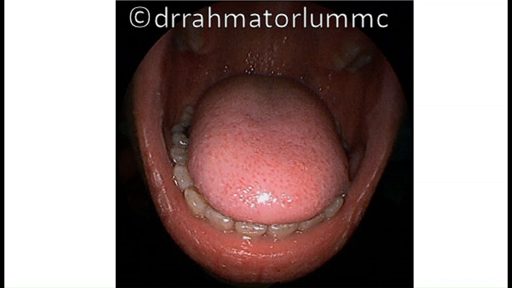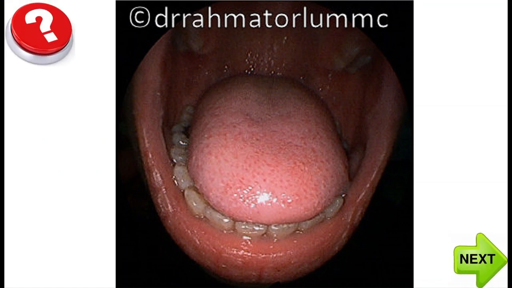This is an opened mouth, and we can see that the floor of the mouth is made by the tongue.